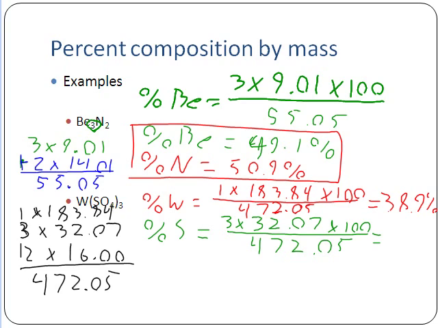Doing the math, 3 times 32.07 times 100, divided by 472.05, we get 20.381. That rounds to 20.4. And so we have 20.4% of sulfur in this compound.